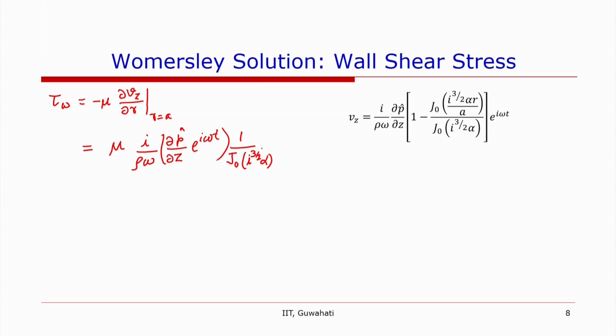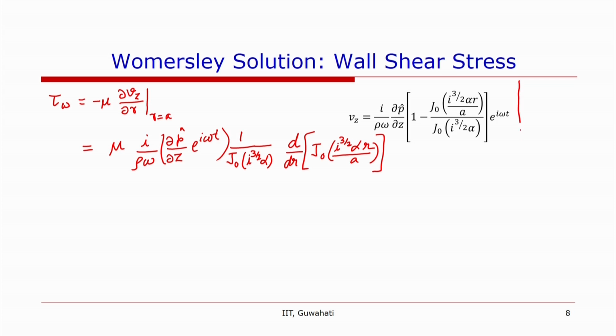This is also independent of r, and what we are left with is d by dr of j naught i to the power 3 by 2 alpha r over a.